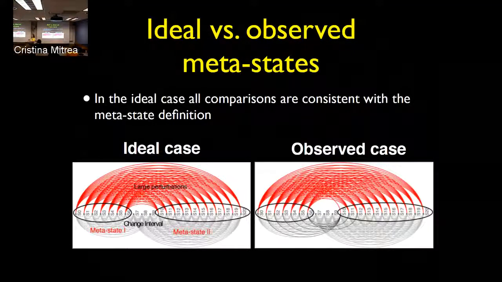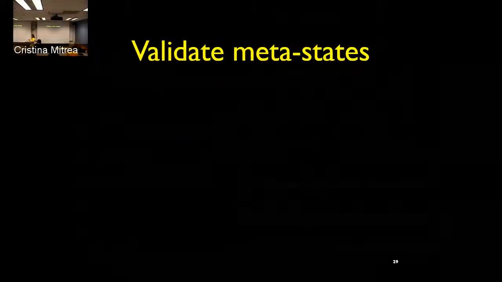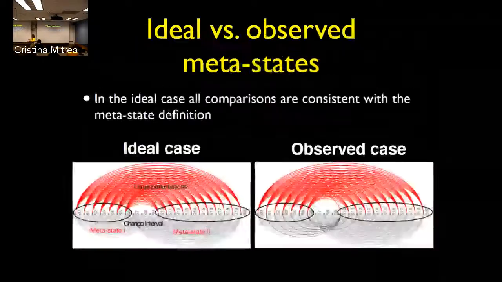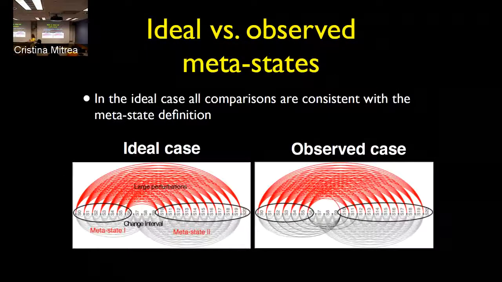We expect it to give us good results that can help us identify that interval and help us identify metastates. To validate this metastate, we did a comparison with the ideal case, and we assigned to each of these comparisons a label: is it consistent with the ideal case, or is it not consistent?